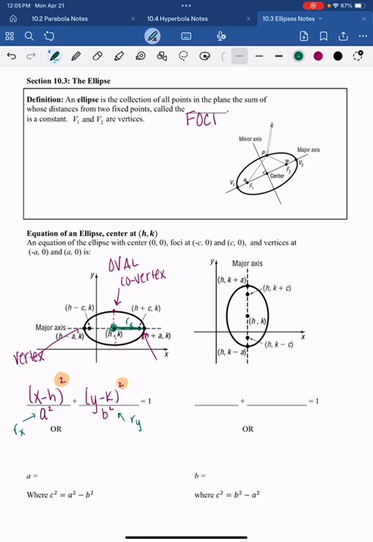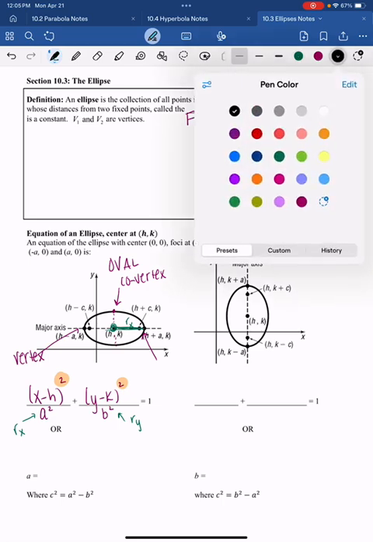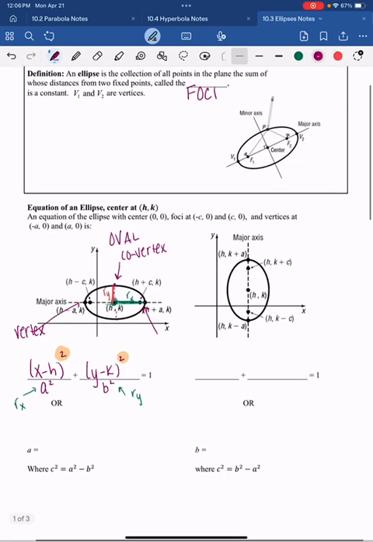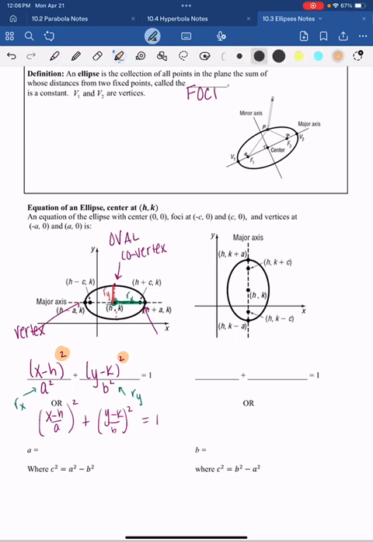And the distance going up from the center of this ellipse, that's going to be my y radius. And so your book refers to them as a and b. And then alternatively, you could rewrite this as ((x minus h) over a) quantity squared plus ((y minus k) over b) quantity squared. And it has to equal 1. By definition, it has to equal 1.